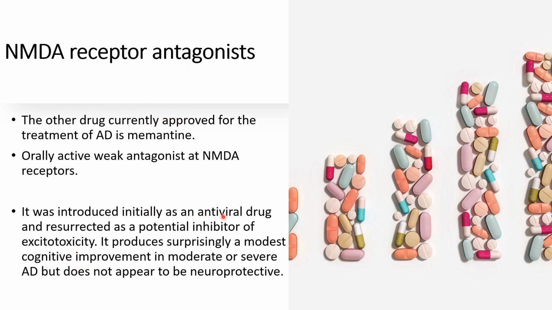Initially, these drugs were introduced as antiviral drug, but later they were reassessed as inhibitor of excitation or inhibitor of neurotransmission by glutamate. These drugs improve cognitive function, but they are not neuroprotective.